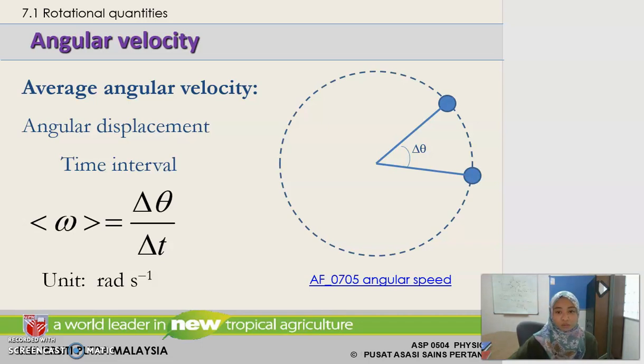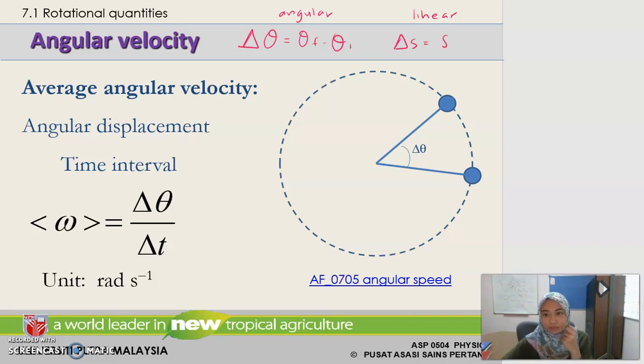Okay, so what was angular displacement? Angular displacement was delta theta, right? Which is theta final minus theta initial. And this is for angular, and this was for the linear one. We have delta x or delta s for displacement, final minus initial. Okay, and then for angular velocity, the equation is given by the rate of change of theta, and this means average.